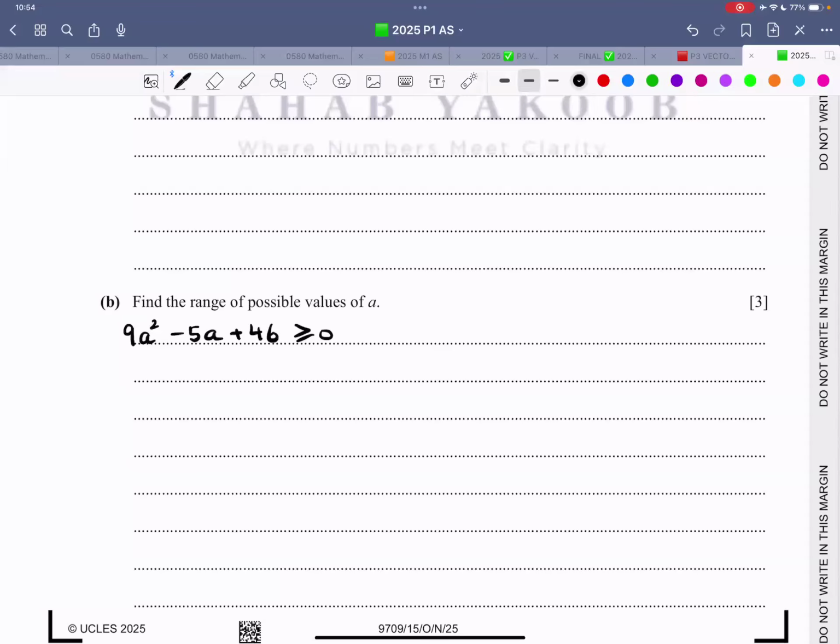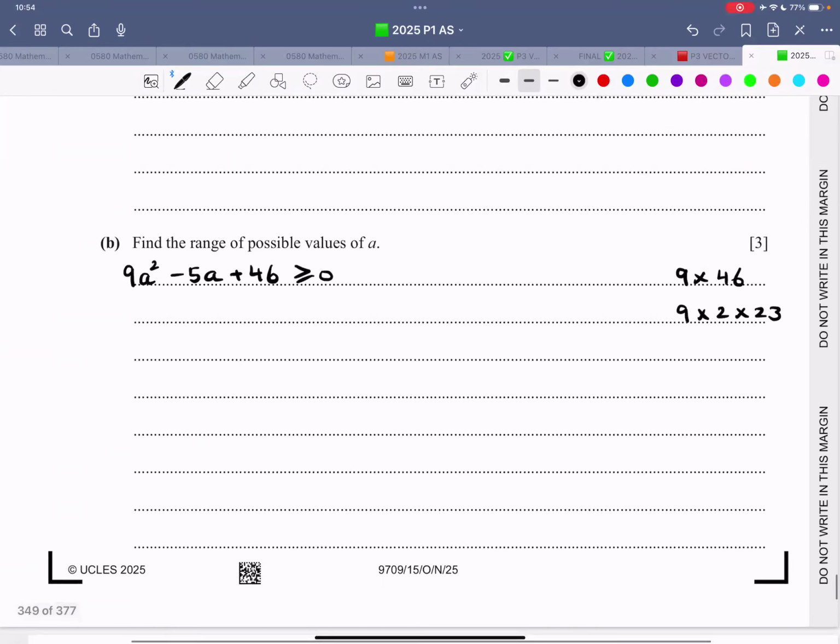It's just amazing how they have taken a question of volume and related it with quadratics. So 9 into 46, how much is that? 9 into 46 is 414. You don't need 414 as such. Just write over here 9 into 46. 9 is 9 and 46 is 2 into 23. And this is 9 into 2, which is 18, into 23.